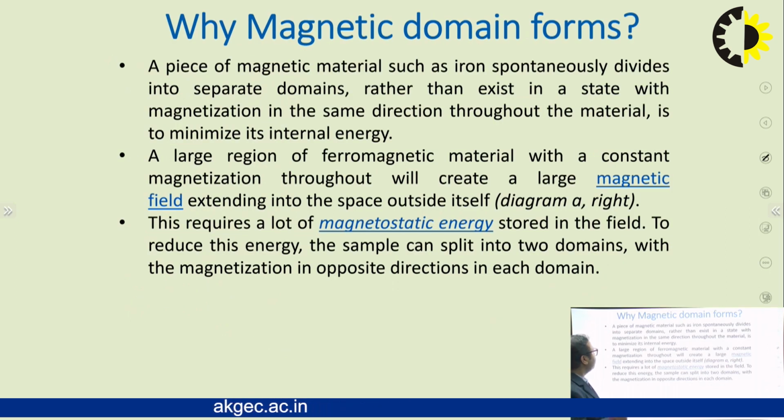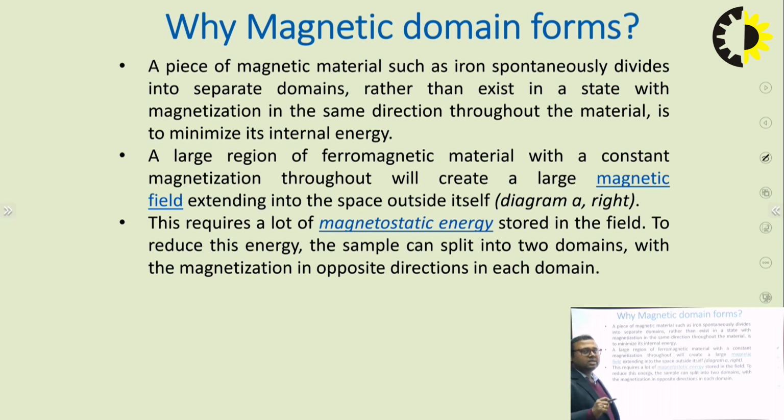So why are magnetic domains generally formed? A piece of magnetic material such as iron spontaneously divides into separate domains rather than existing in a state with magnetization in the same direction throughout the material, in order to minimize the internal energy.